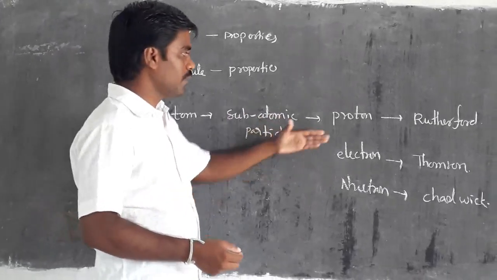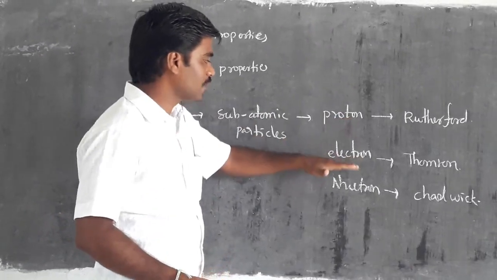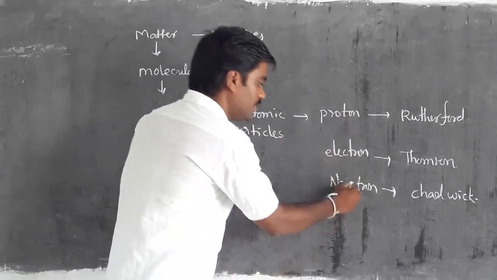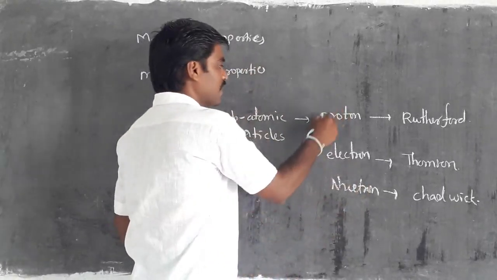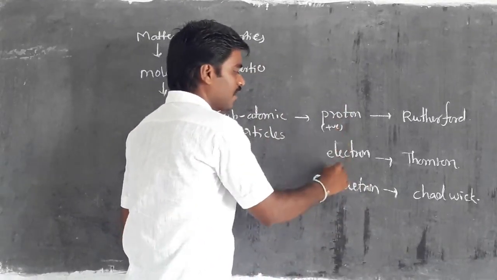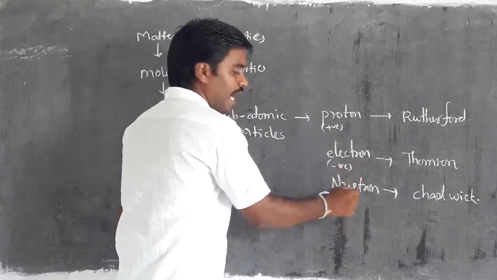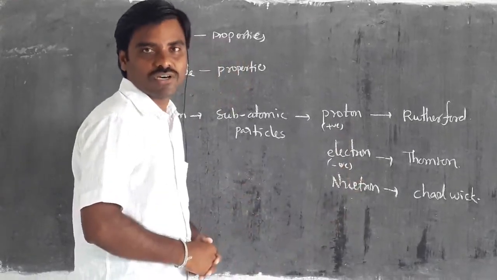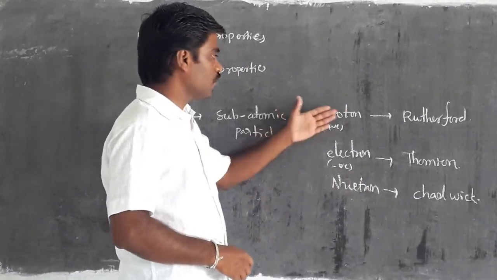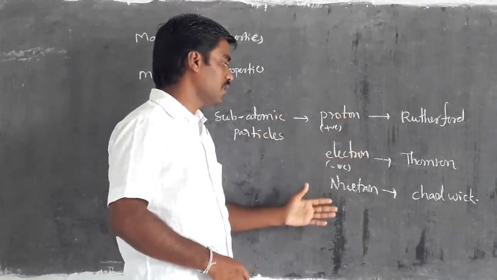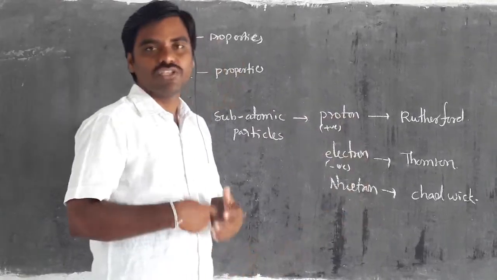Those subatomic particles are proton, electron, neutron. Already we have a clear idea. Proton is positively charged, electron is negatively charged, and neutron is chargeless.